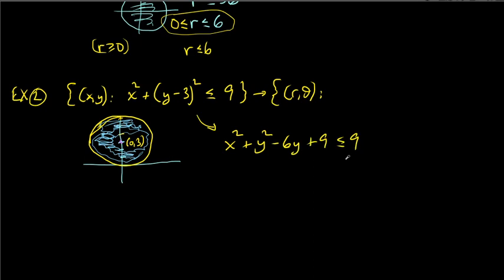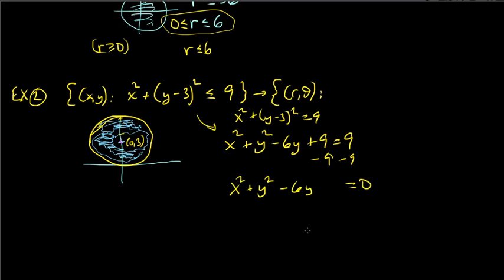And in fact, let's just get the circle itself, right? Let's change it to equals. So this is going to be the circle, x squared plus y minus 3 squared equals 9. Because the disk then is everything inside of that. So notice that 9 minus 9 is 0, and we just get x squared plus y squared minus 6y equals 0.